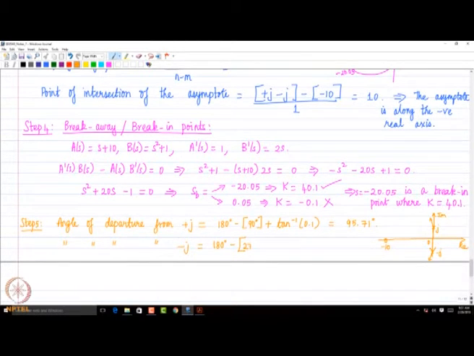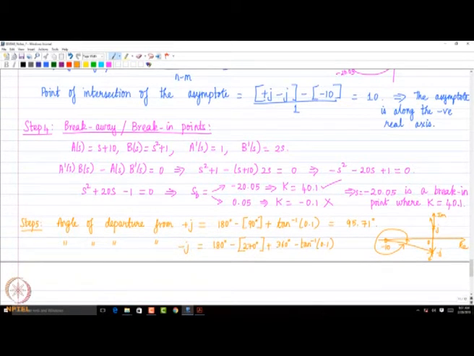Then what is the angle made by the vector drawn from the open loop 0 to this pole? It is going to be this angle, which I can write as 360 minus tan inverse 0.1, because I want to look at this angle.